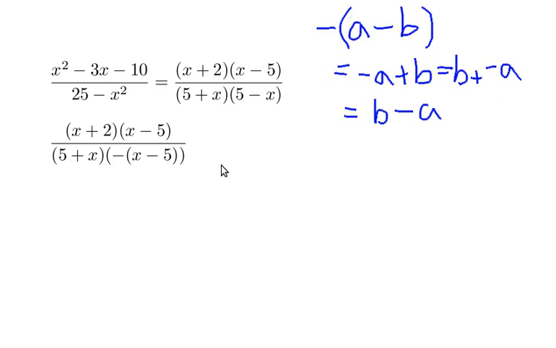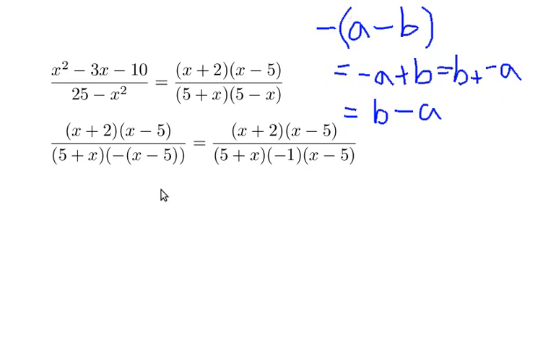Basically, I know that seems very abstract, but you can check that by distributing this negative out again. So we'll have negative times x, which will give you negative x, and negative times negative 5, which will give you plus 5. That'll give you negative x plus 5, or 5 minus x. So this negative, I'm going to do this to the right. I'm going to make this another x plus 2 times x minus 5 over 5 plus x times negative 1 times x minus 5.